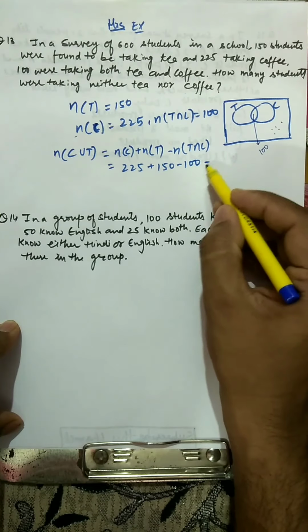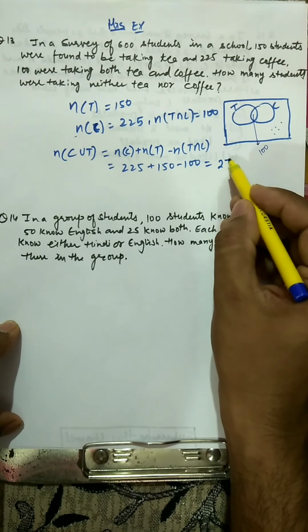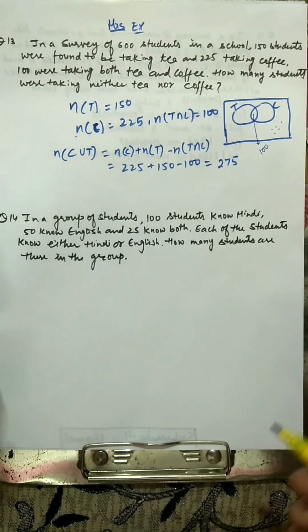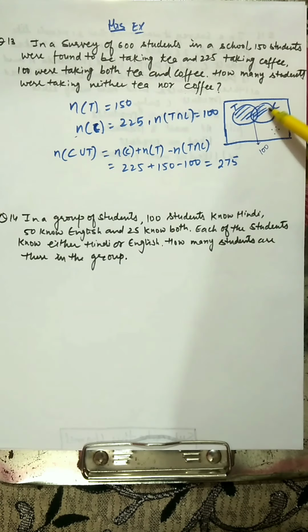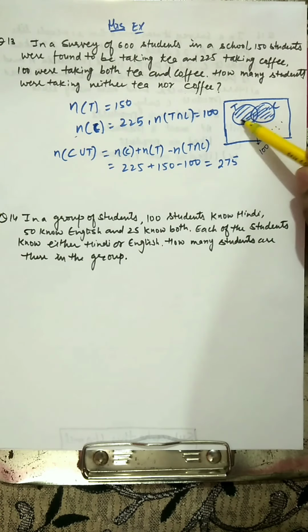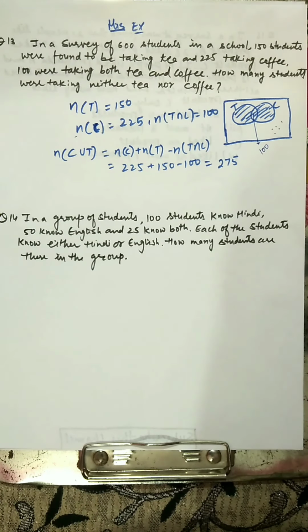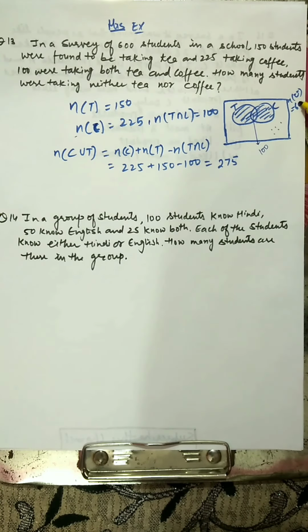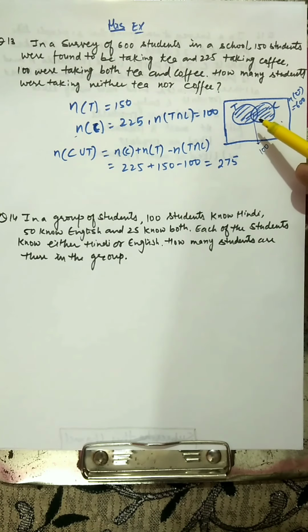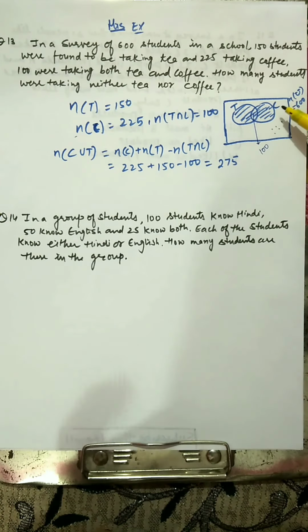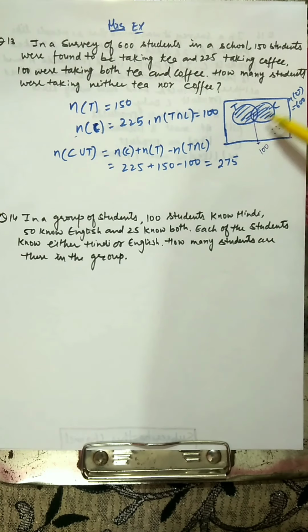If you do the calculation, this is 275. So these 275 represent this complete area. In this complete area there are 275 students, and the number of elements in the universal set is 600. So out of 600, 275 like at least tea, or coffee, or both.